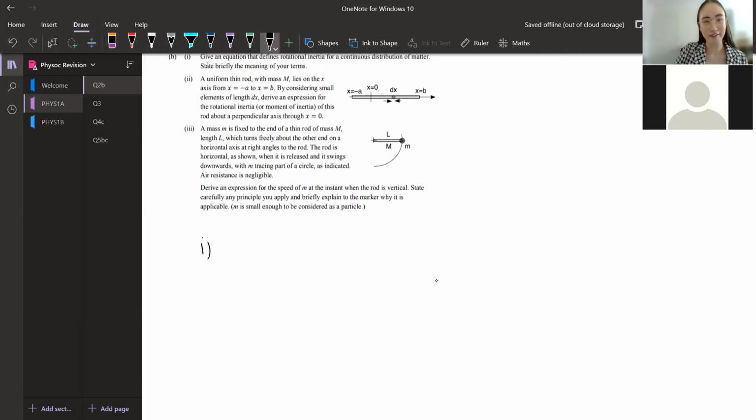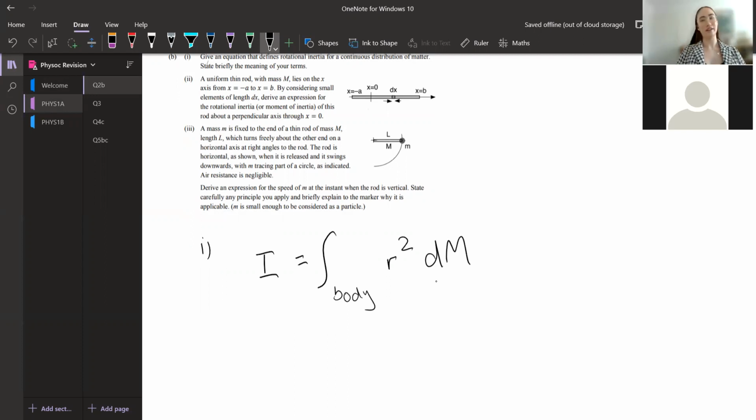So for part I, the equation that defines rotational inertia for a continuous system is I, for moment of inertia, is equal to the integral over the entire body of a system, r squared dm.